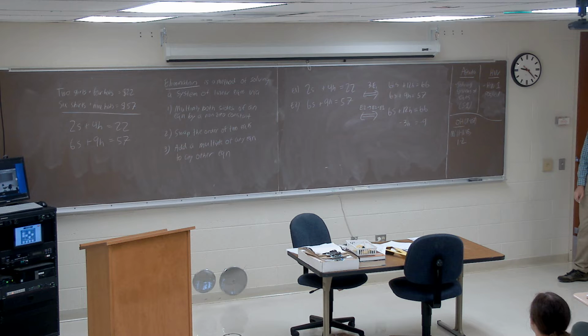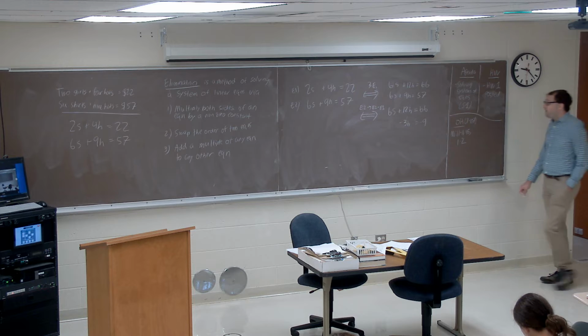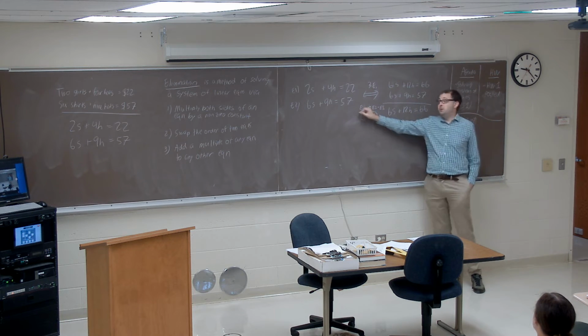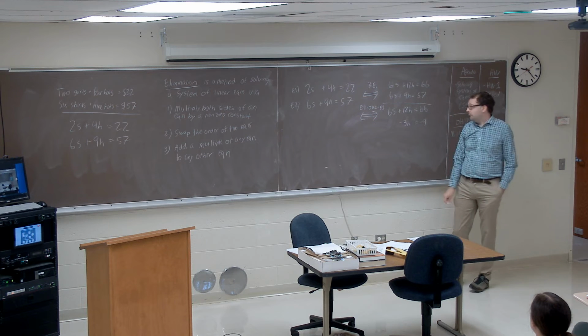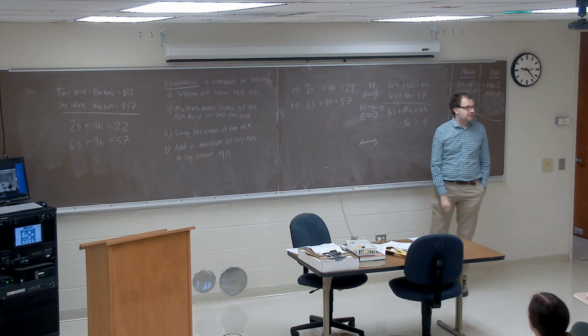Where do you think we can go from here? Solve for h. Substitute that back into the other one. I think we could do that at this point if we wanted to. Use the fact that this system of equations right here is equivalent to our original system of equations. I'm going to do something else first though, just for the sake of a little bit of cheekiness.